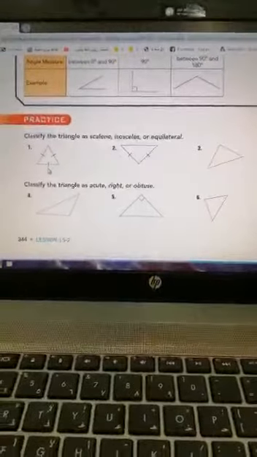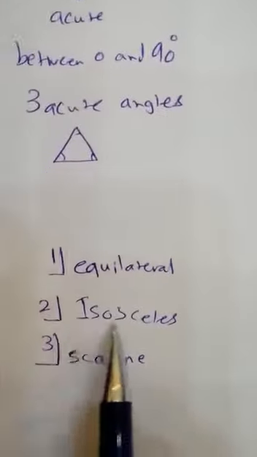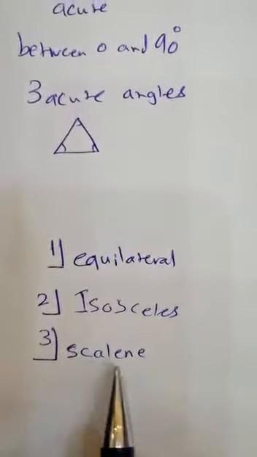The second triangle, look guys, we have two sides with the same length, then it's isosceles. The third one, there is no side with the same length, then we name it scalene. Okay guys, then the first one equilateral, the second one isosceles, the third one scalene.